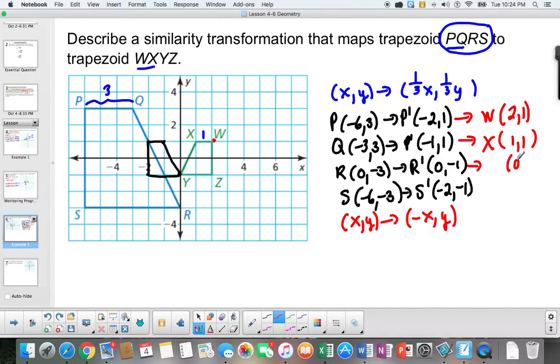This is going to be (0, -1), which is my Y, and then I'm going to go (2, -1), and (2, -1) is my Z. So I have performed these two transformations, and they're part of the list of similarity transformations, and I got PQRS to map onto this.